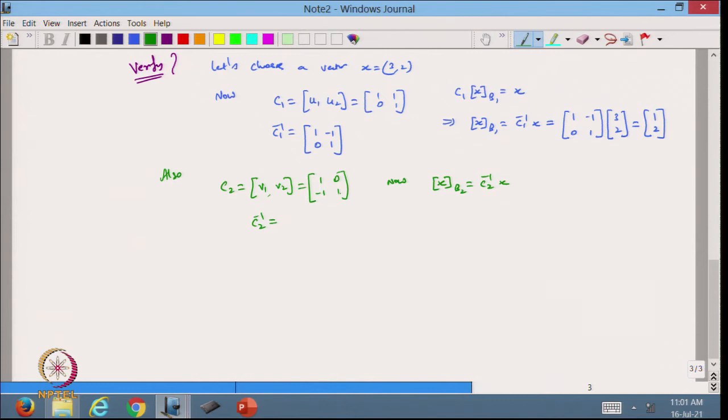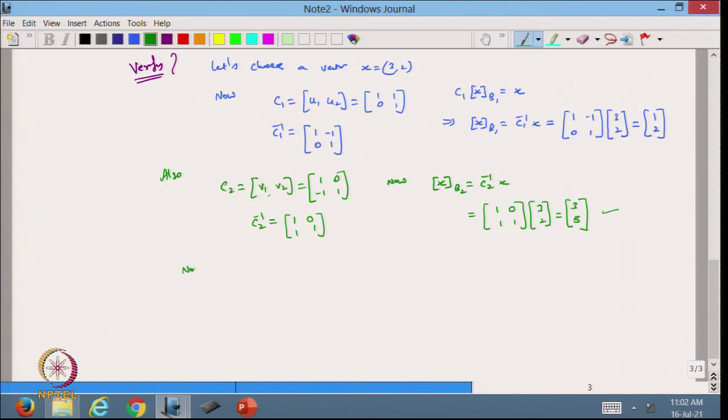The determinant is 1, and then it is swapping and a negative sign. So, it is 1 0, 1 1, and this is my 3 2. If you multiply this, it will be 3 and this will be 5. So, one is 3 5 and another is 1 2. So, these are the coordinates we are able to find.